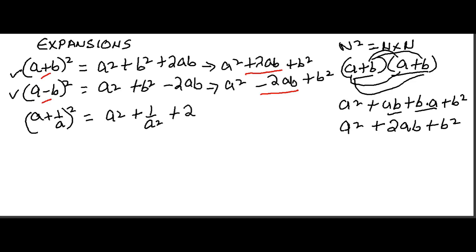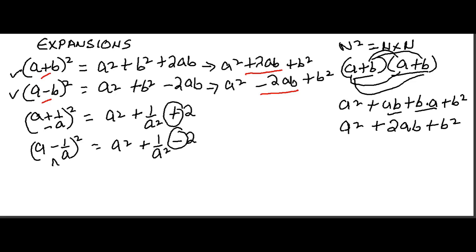Similarly, if you have (a minus 1 by a) whole square, this becomes a square plus (1 by a) square, and you have minus 2. Again, the only difference is in this sign, the rest is the same.